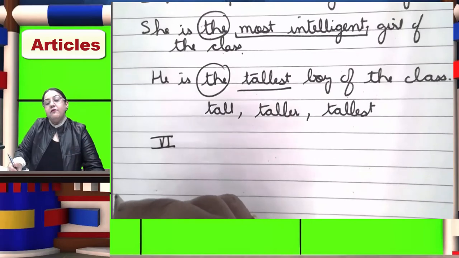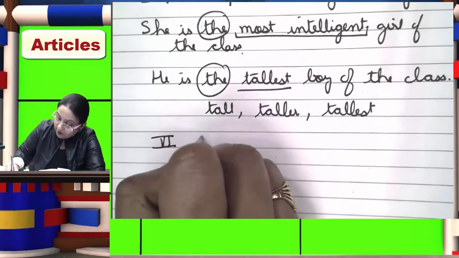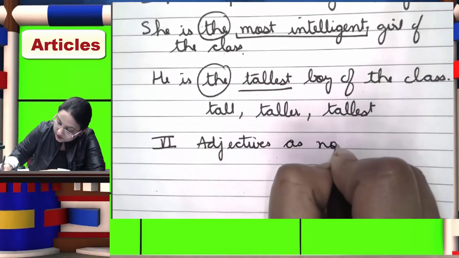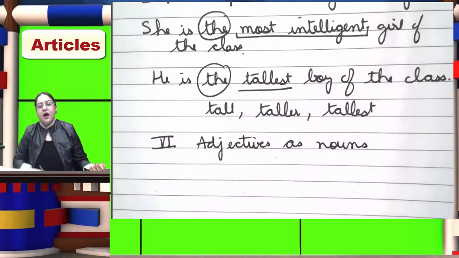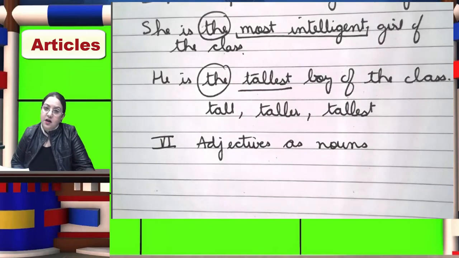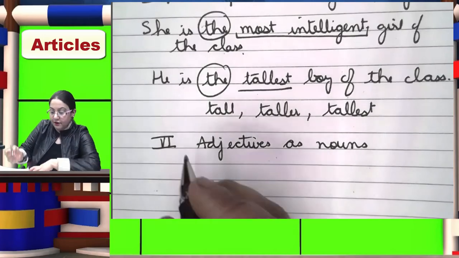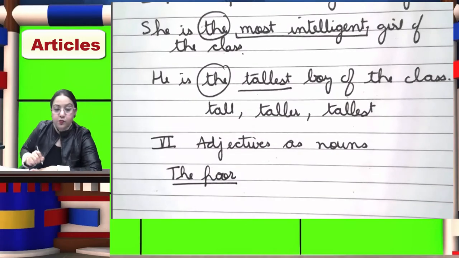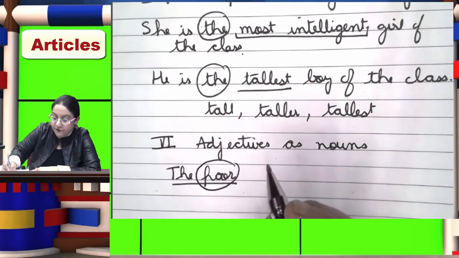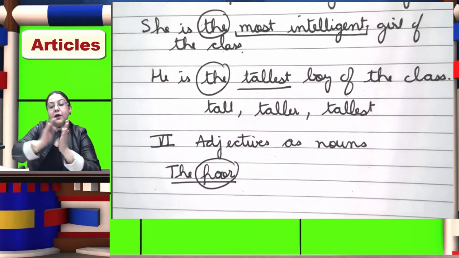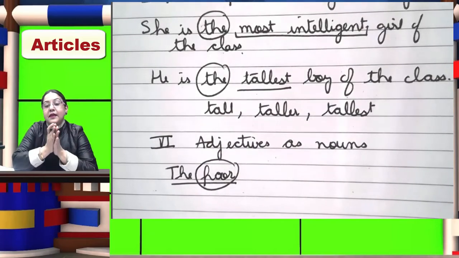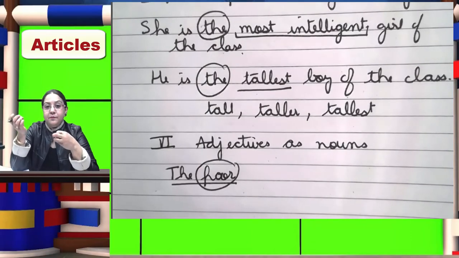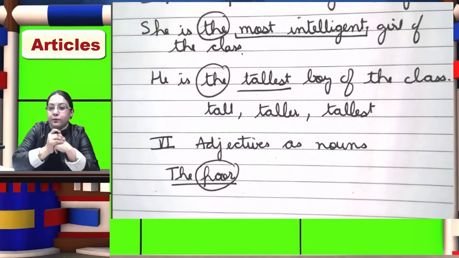Again, we can have a case where we are using adjectives as nouns. Now, what do I mean when I say we are using adjective as noun? For example, if I say the poor, actually the word poor is an adjective, but when I say the poor, I am talking about those people who are poor, and the poor becomes my noun.